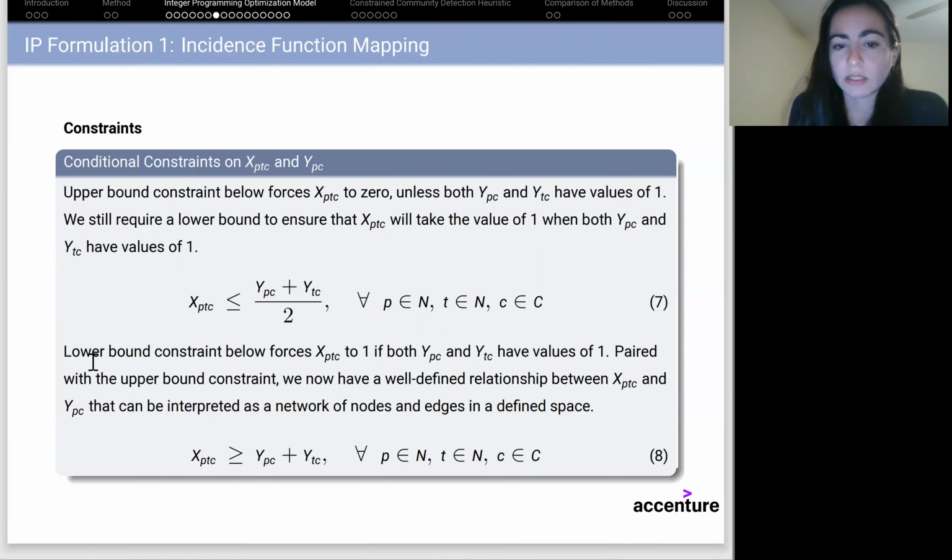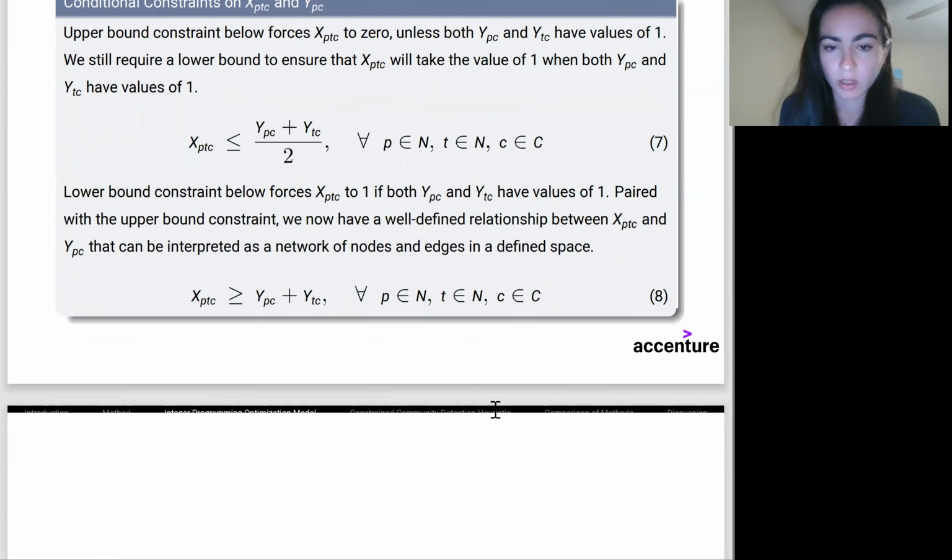And this lower bound constraint forces X PTC to 1 if both Y PC and Y TC have values of 1. So we have the lower and upper bound constraints that really make this relationship happen, and we're able to model the problem like a graph.